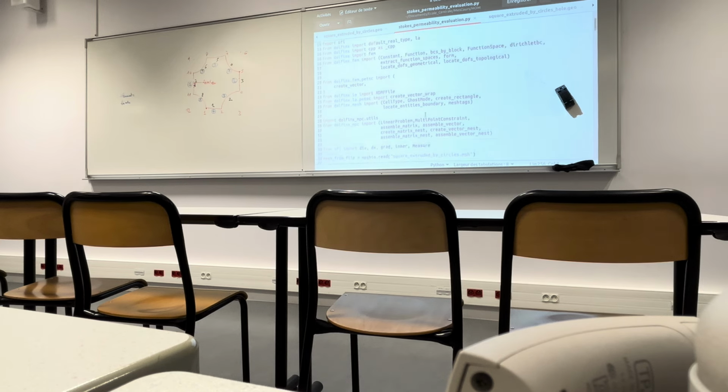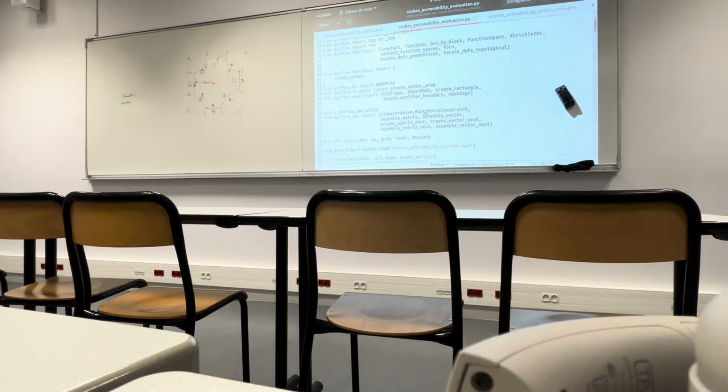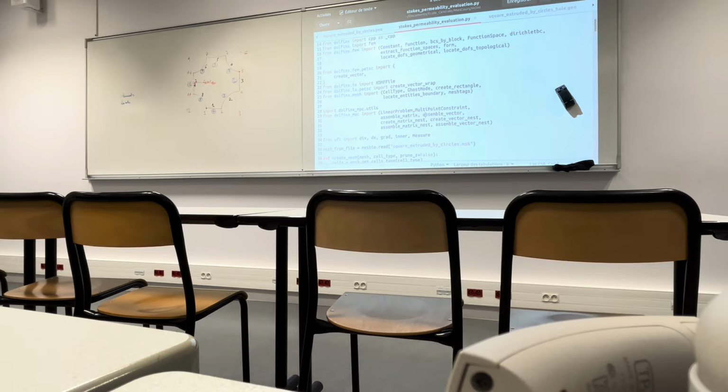You see it is indicated here. UFL is the library from where a certain number of operations, as you see divergence, gradient, inner product, the volume element and measure, are imported.